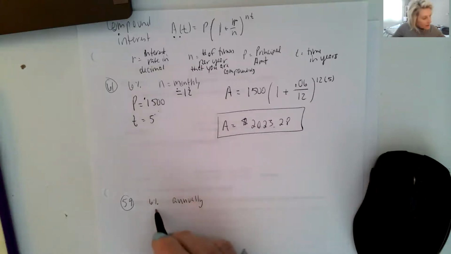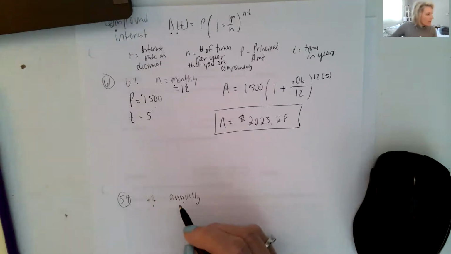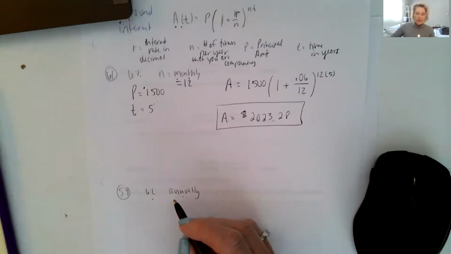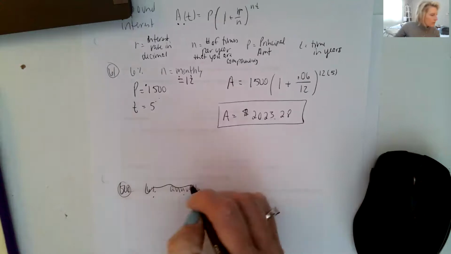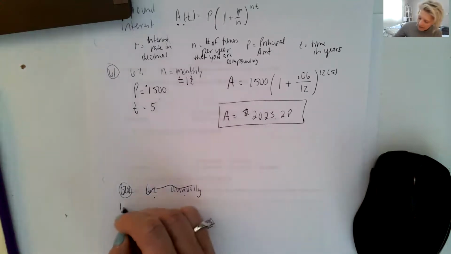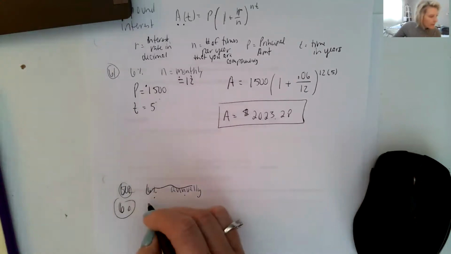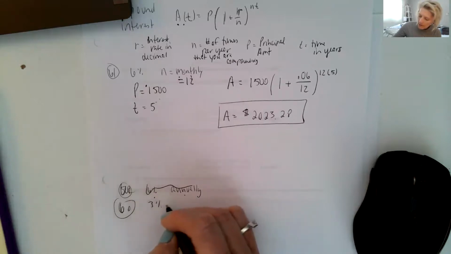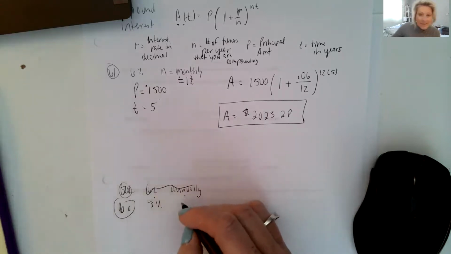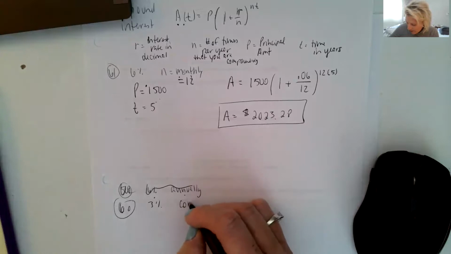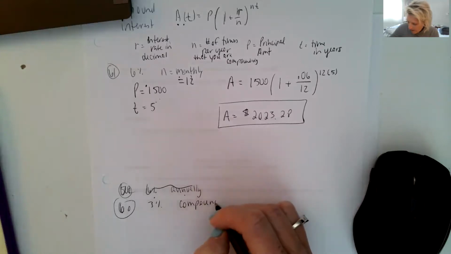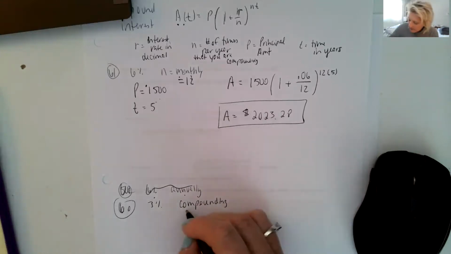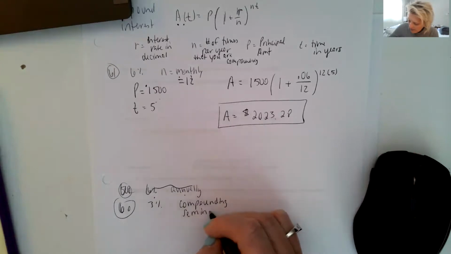Actually, 59 is 6% interest compounded annually. Let's not do 59. That one's boring. Let's do 60. 60 is 3% interest, so a little bit different, and it's compounding semi-annually.